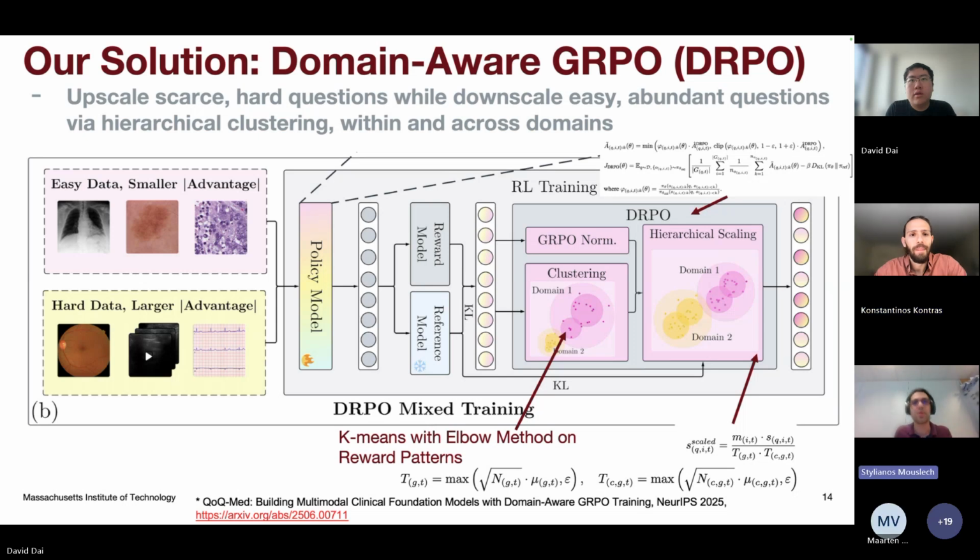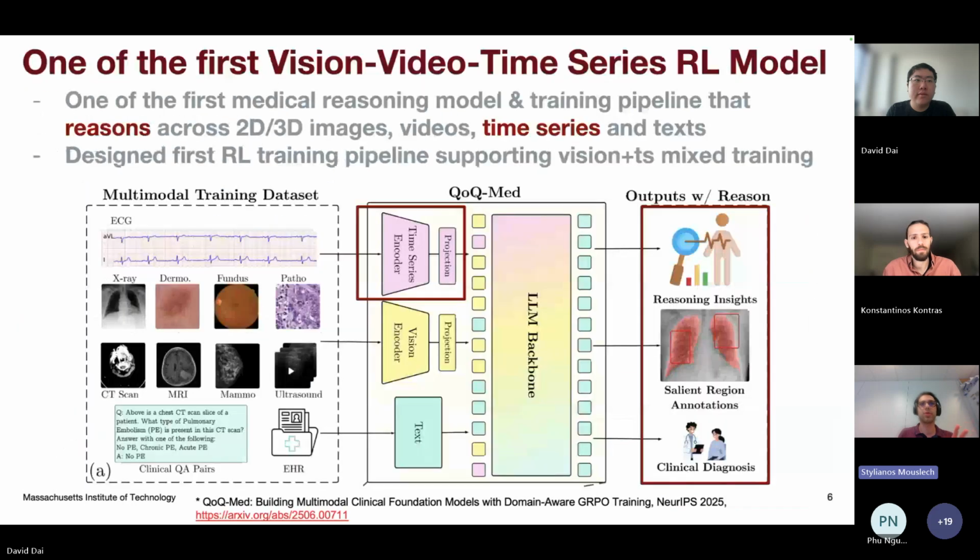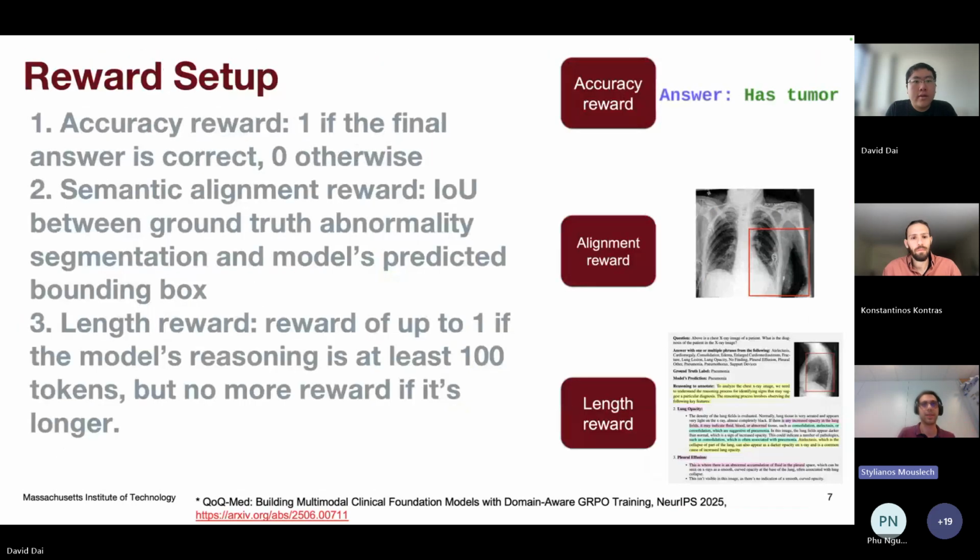Yes, hello. So I wanted to ask a question about the design of the reward. You defined this semantic alignment reward. I think it was on slide 8 or 7. And I wanted to ask, is there an analog for ECG?